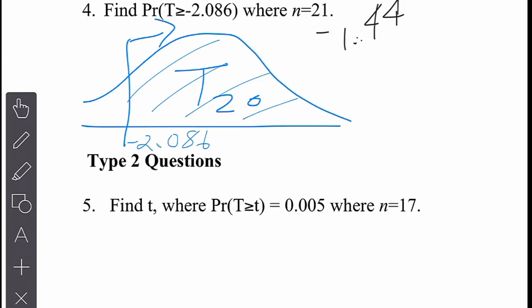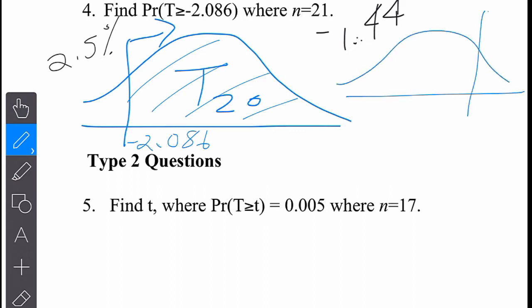So what is 2.5%? Well, it's certainly not that way, right? It's the other way. 2.5% is the area over here. How do I know that? Because the table only gives me the right tail. So I would be getting 2.086 up here for the T20 table, and this gives me 2.5%.